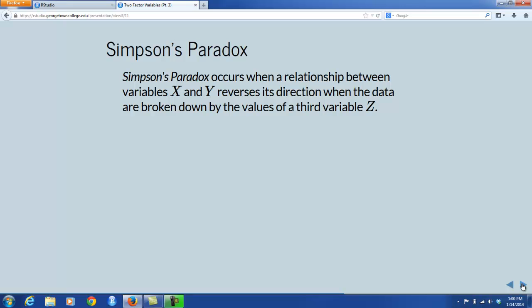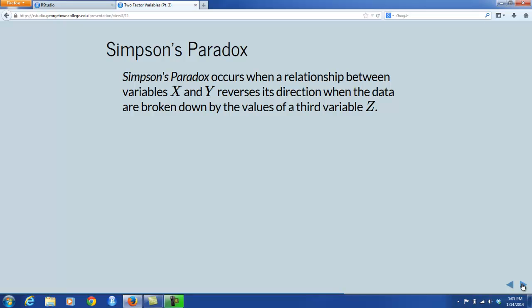So Simpson's paradox is what occurs when a relationship between two variables, x and y, reverses its direction when the data are broken down by the values of a third variable, z. Here, think of defendant's race as the x and death as the y.